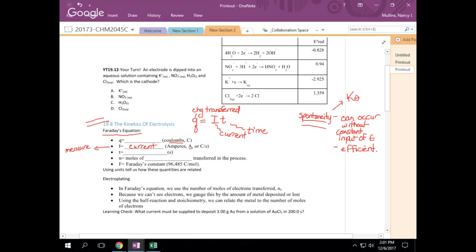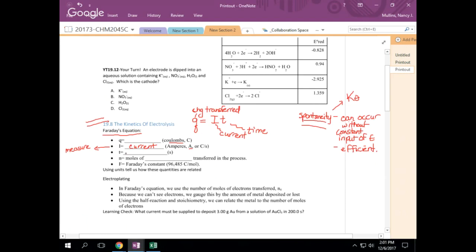Q is charge transfer. So when you're talking about electrolytic cells, it's not talking about the heat, it's talking about how much charge. It would be nice if they used a different symbol, but they didn't, because you're right, it's usually heat transfer in the thermodynamic application.